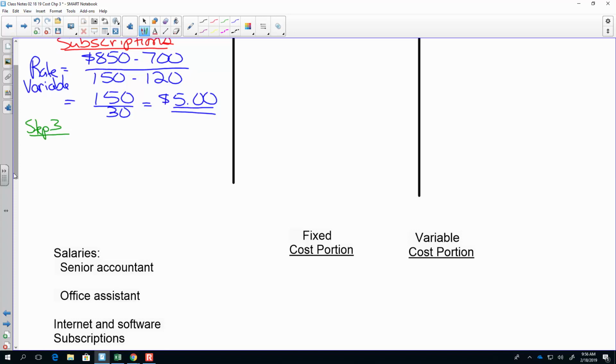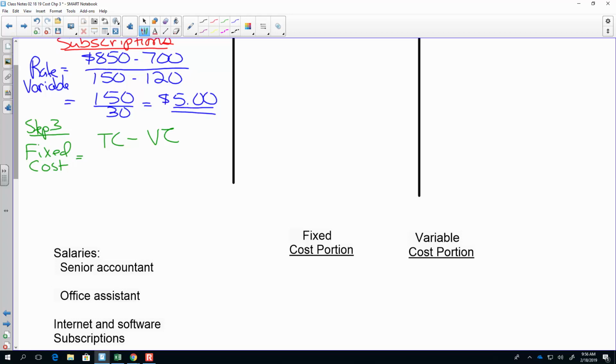Excellent. So how do I do that? Fixed cost equals what? Something minus something. Total cost minus variable cost? Very good. Excellent, Therese. Total cost minus variable cost.